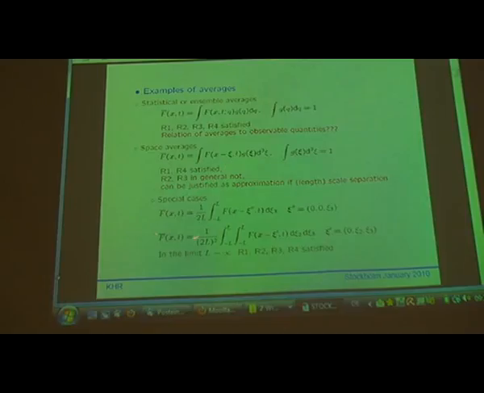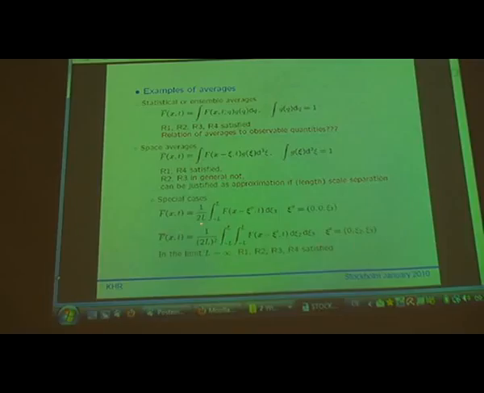You can consider special cases. Here, G is chosen as a box function, Rechteck function. Box function. And here I integrate only over one variable. You can define this average in this way, or you can average over two coordinates, like here.